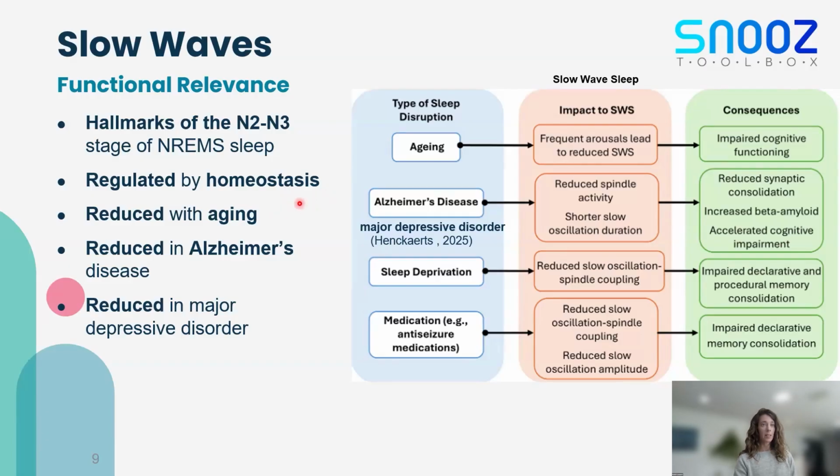So it's increasing with sleep pressure and decreasing across the night, the opposite of the sleep spindle. Here's a figure from Keeble et al. illustrating the impact of different conditions and disorders on slow waves. Aging, Alzheimer's disease and depression are also associated with reduced slow wave activity. This reduction is associated with cognitive impairment and memory deficits.